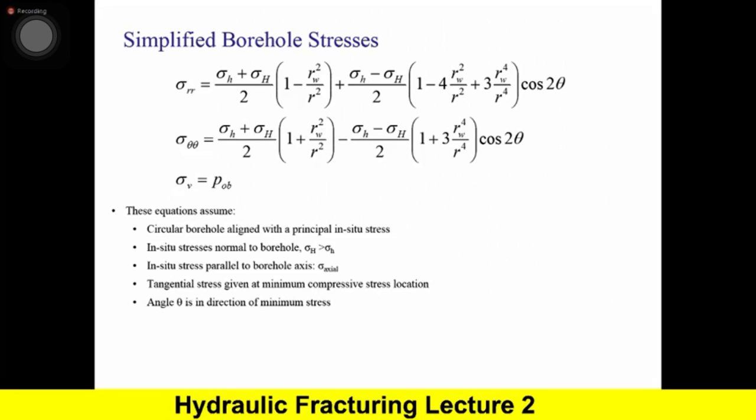Dr. Soliman, I believe the question means instead of a vertical fracture, he's talking about a horizontal fracture. Are there real cases where we see horizontal fractures in real life? Did he say horizontal fracture? Yes, horizontal fractures. Well, I have seen cases.